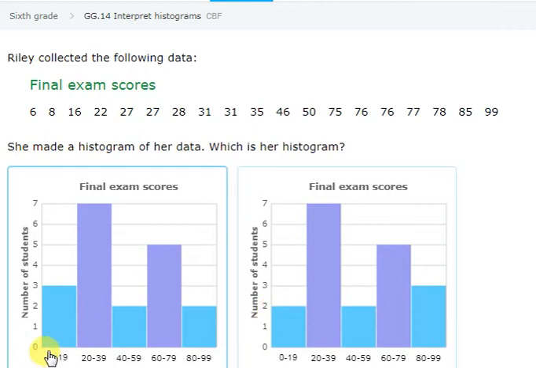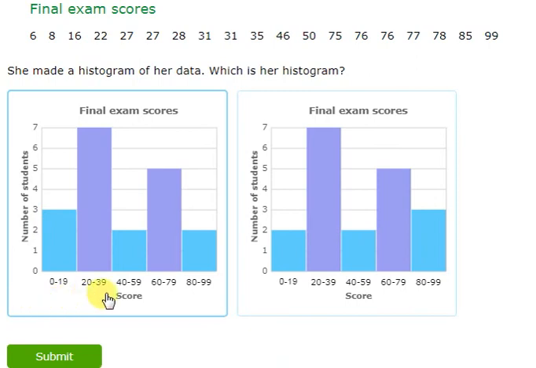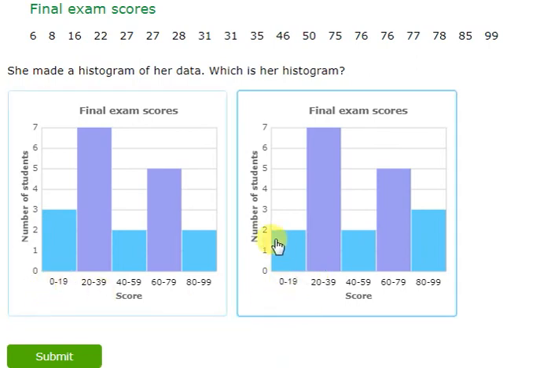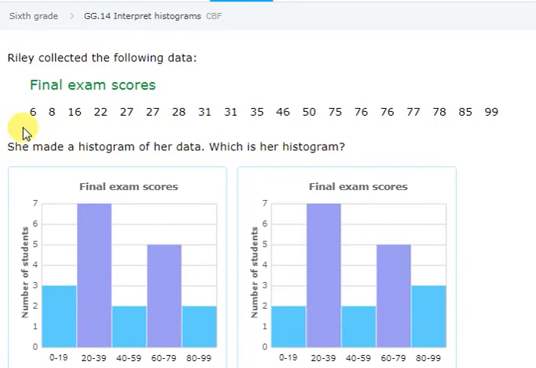This histogram is saying there are 3 students with a score between 0 and 19, and this histogram is saying there are only 2 students with a score between 0 and 19. So let's see how many students are there in this data who have a score between 0 and 19. This is 1, this is 2, and this is 3.